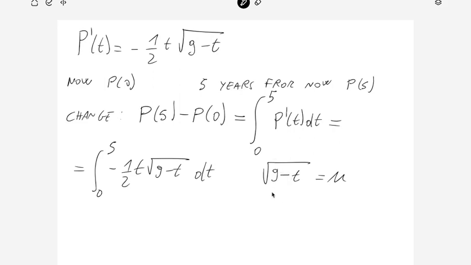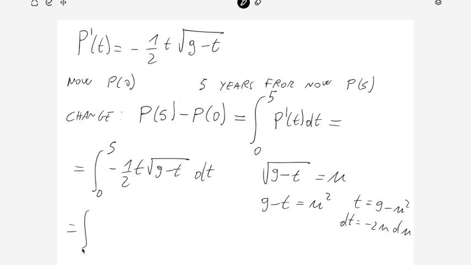Well, if the square root of 9 minus t is equal to u, then we compute the square, so 9 minus t is u squared, and then t is equal to 9 minus u squared, and then dt is equal to minus 2u du.